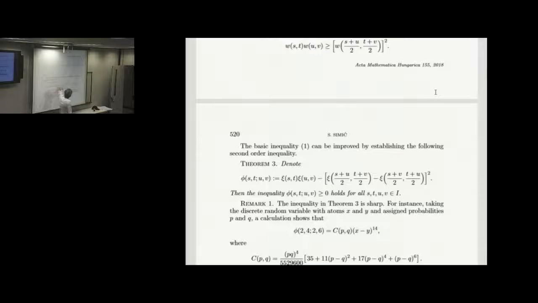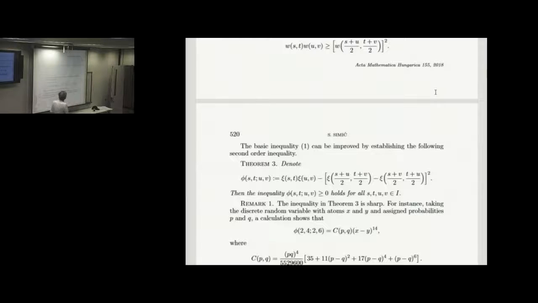So, this entity, we name it like this, is always greater than 0. So this is greater than this squared for each value of parameters. What is interesting is that this inequality, that this is greater than this, is very sharp.